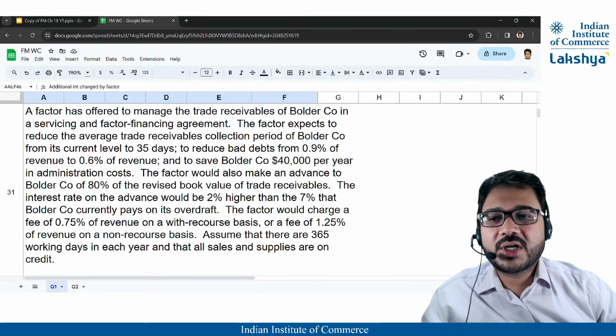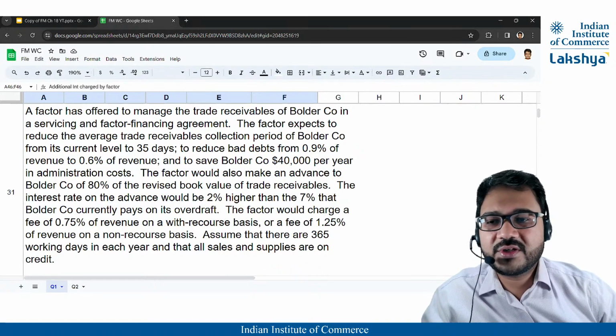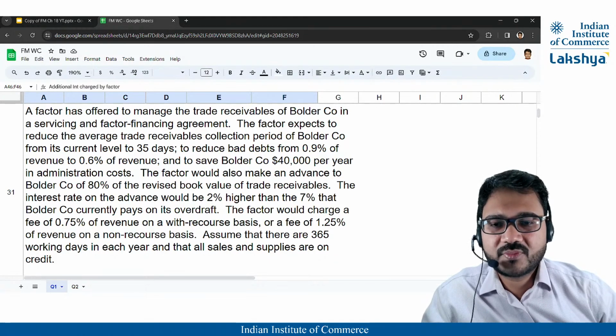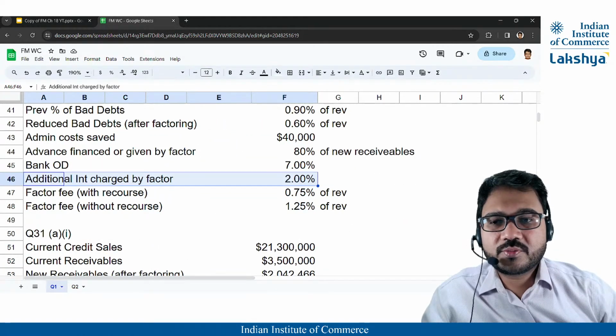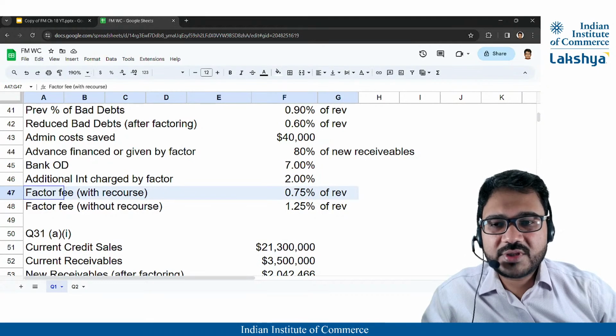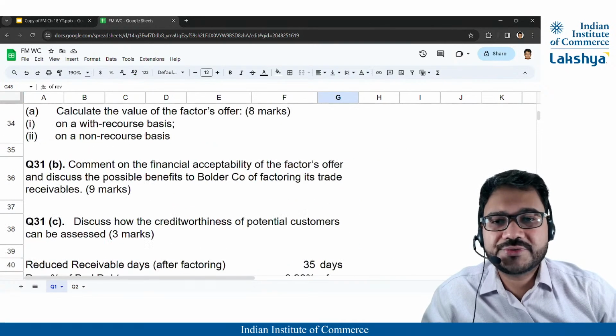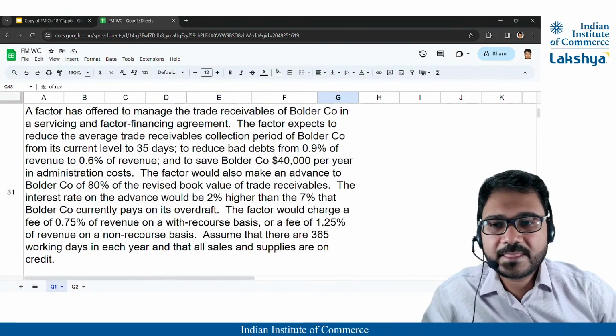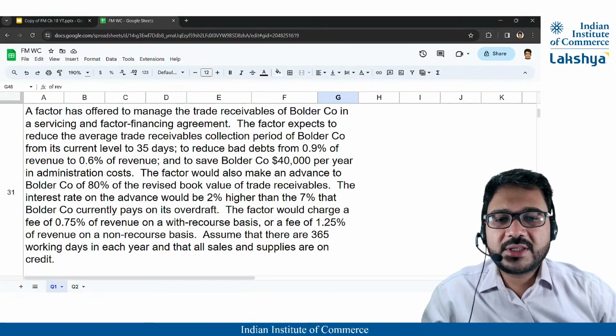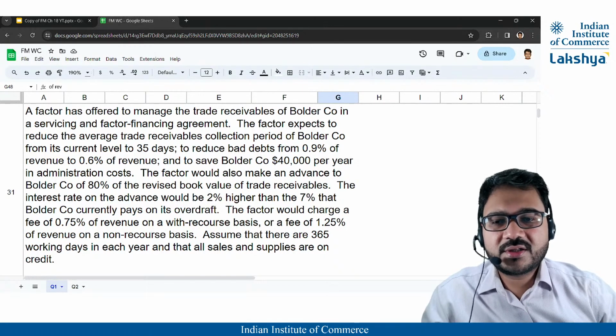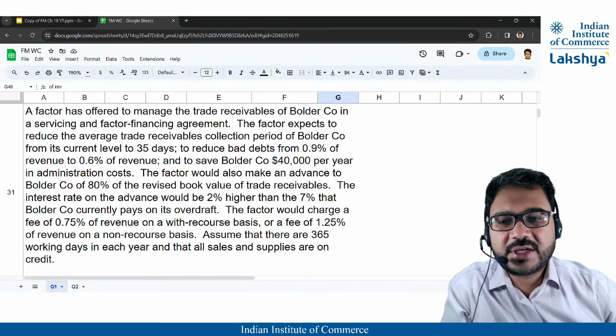The factor would charge a fee of 0.75% of revenue on a with recourse basis, or a fee of 1.25% on a non-recourse basis. So 0.75% with recourse, 1.25% without recourse. Percent of what? Of revenue. Assume that there are 365 working days in a year and all sales and supplies are on credit.